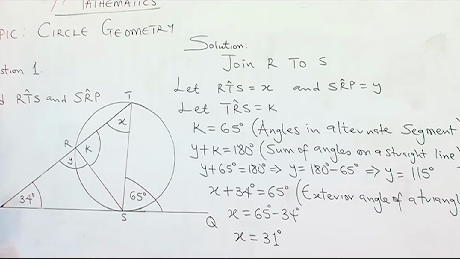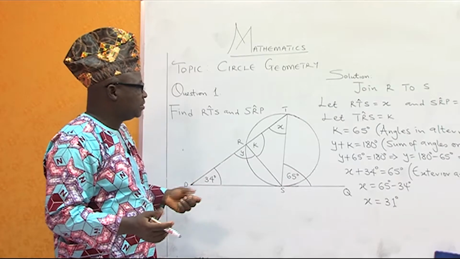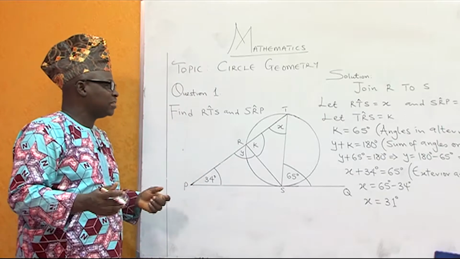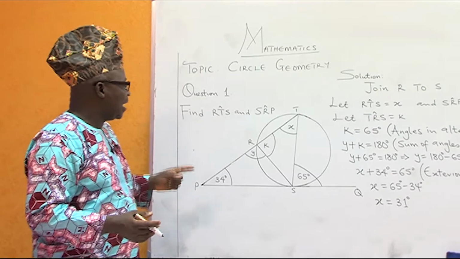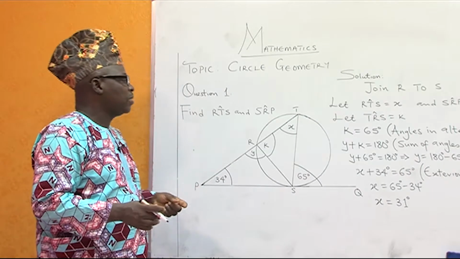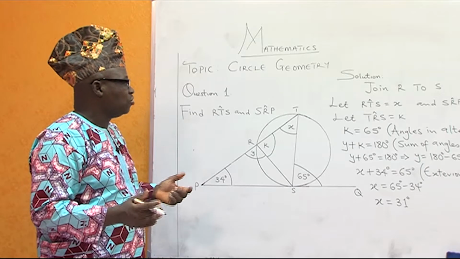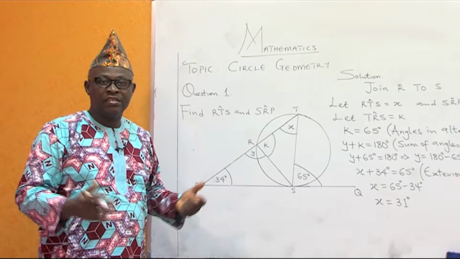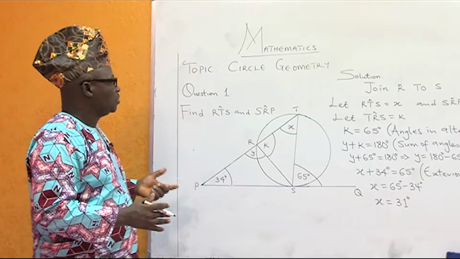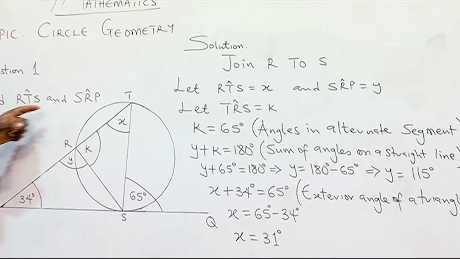And the theorems I've used there, I've used the theorem of angles in alternate segments. I've also used the theorem concerning the sum of angles on a straight line being 180 degrees. And likewise, I've used a particular theorem that is applicable to a triangle. That is, the exterior angle of a triangle is equal to the sum of the two interior opposite angles. So we've been able to find the two angles the examiner required of us.